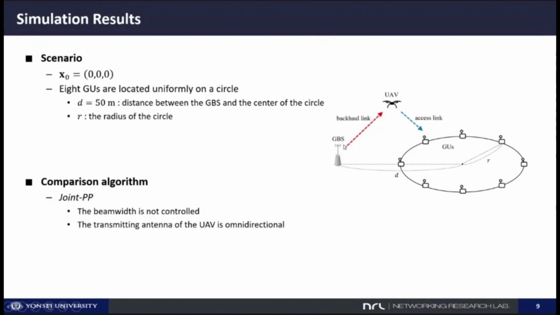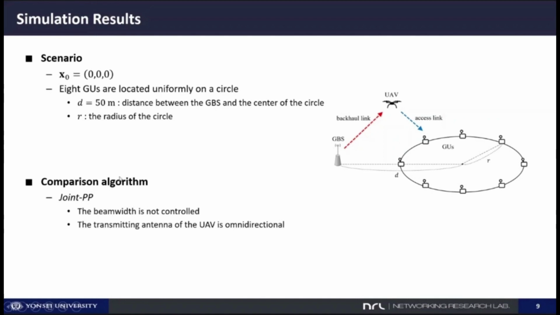First, the location of the GBS is just 0, 0, 0, and we place 8 ground users at the boundary of a circle, and the center of the circle is 50 meters far from the GBS, and we change the radius of the circle from 0 to 100 meters.